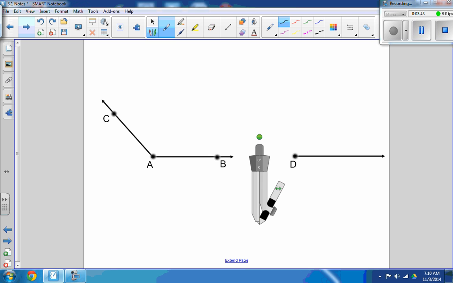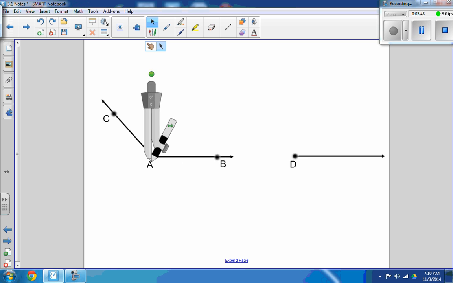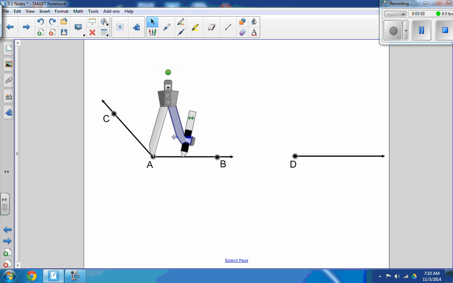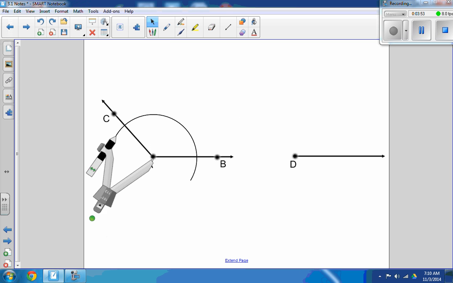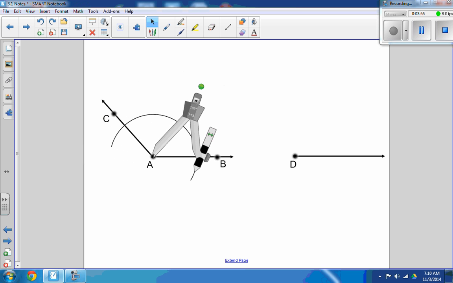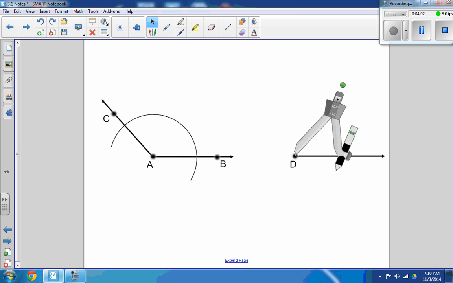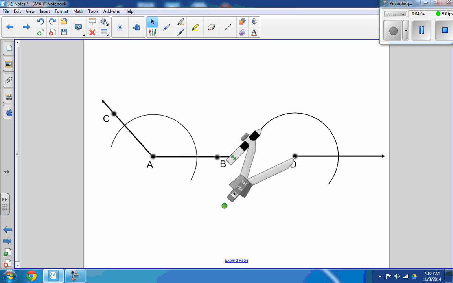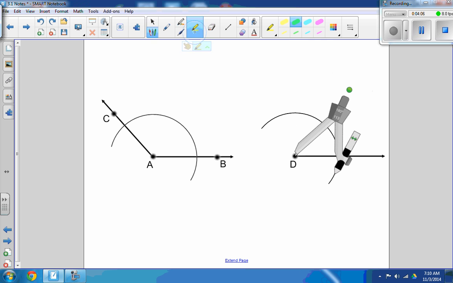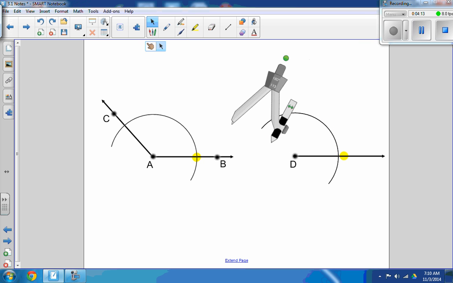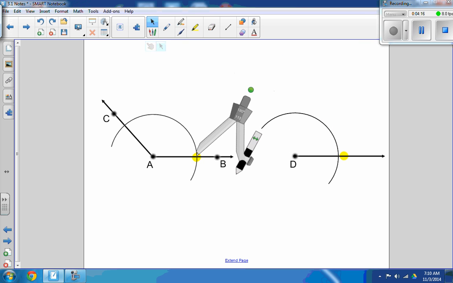So let's demonstrate this again. Let's recreate an obtuse angle. So same idea. I create an arc. The key there is to make sure the arc intercepts both rays of the angle. Recreate that same arc. I'm going to put my point of rotation where the arc intercepts one of the rays.